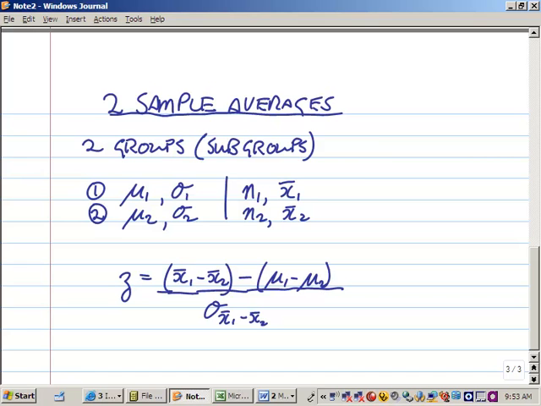So we have a limit in terms of x bar 1 minus x bar 2. The true value will be mu 1 minus mu 2. And this will be approximately normal under certain circumstances.